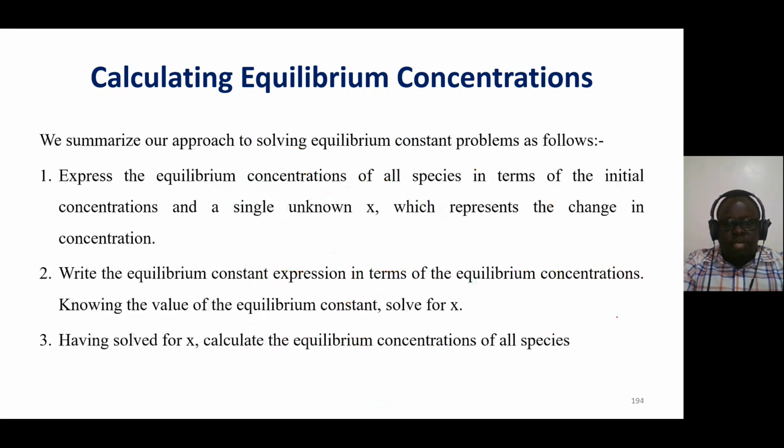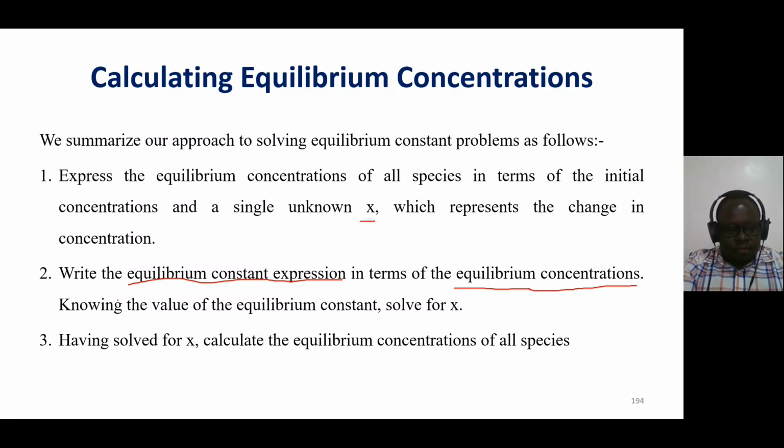Okay, let's look at another. So in summary, how do you do it? First of all, you express the equilibrium concentrations of all species in terms of the initial concentrations and a single unknown, that is X, which represents the change in concentration. Secondly, you write the equilibrium constant expression in terms of the equilibrium concentrations.